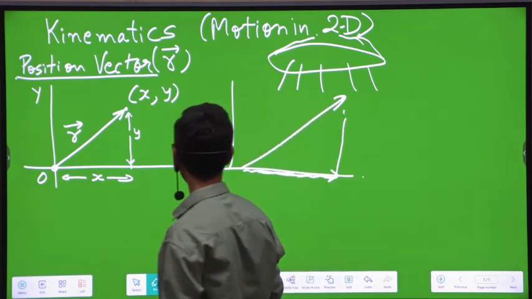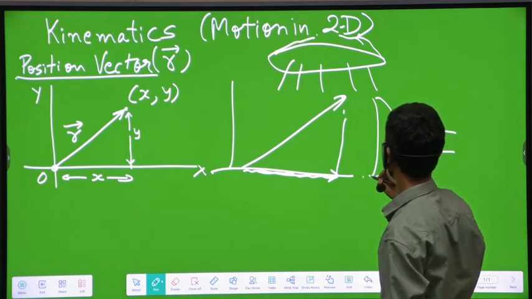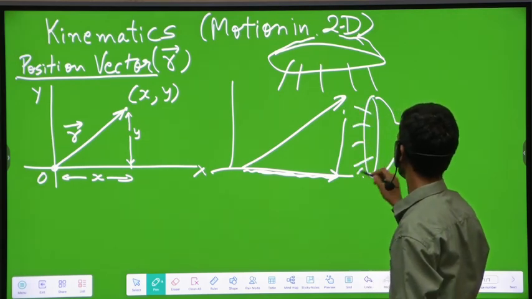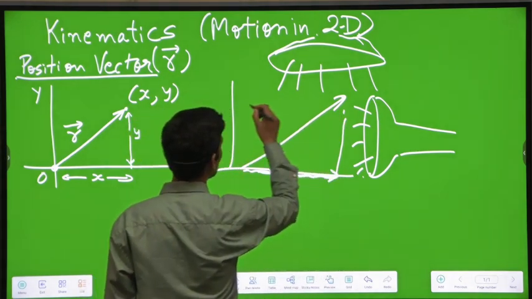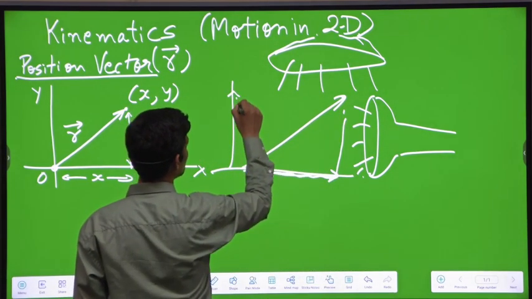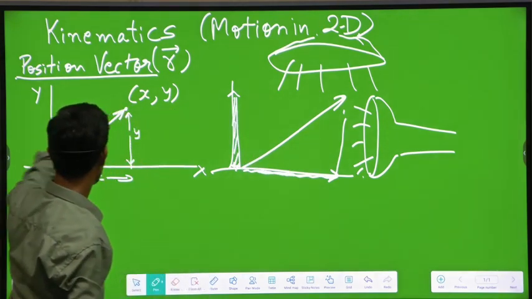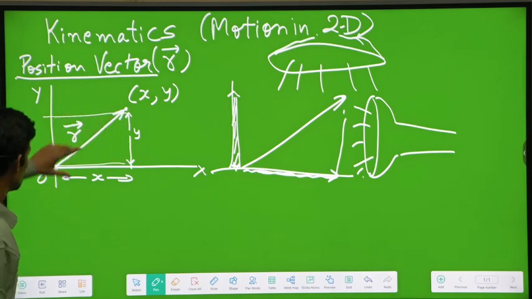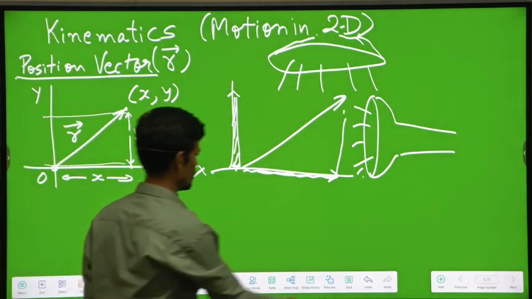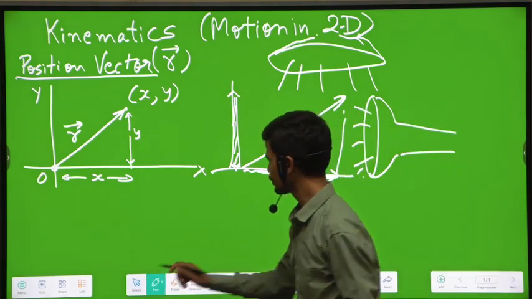In the same way, if I glow a light from this side, it will cast a shadow this way. So this value is y, this value is x.